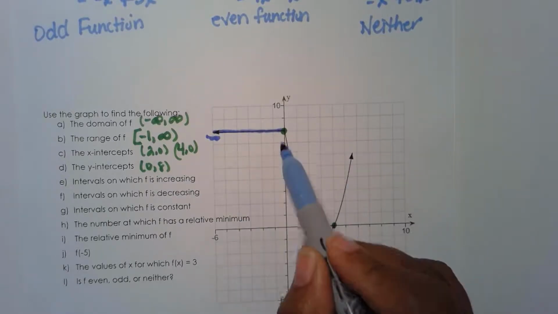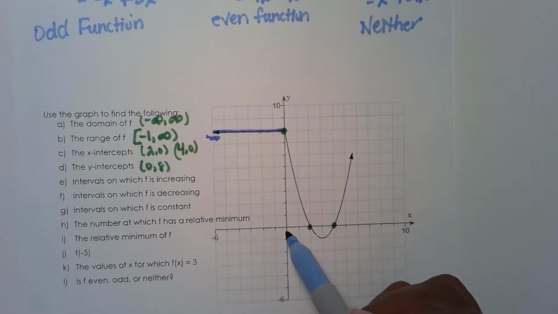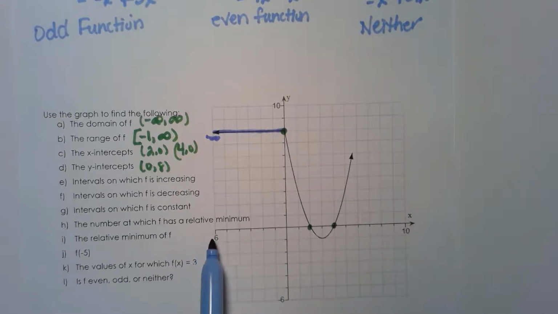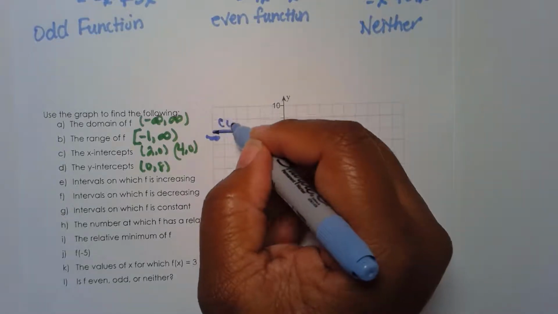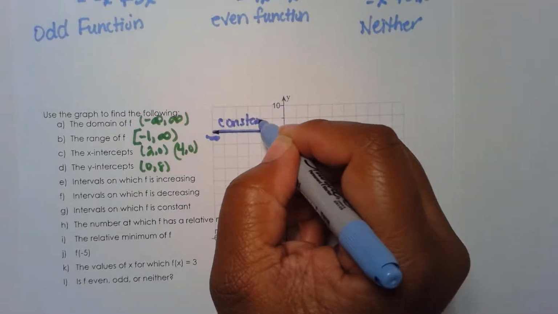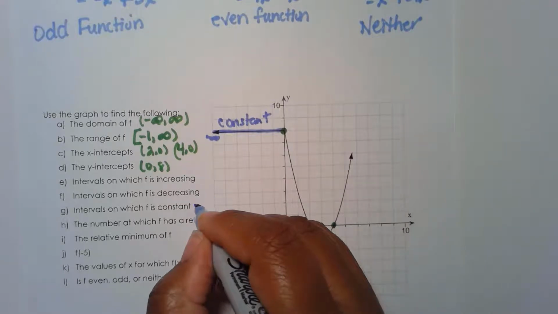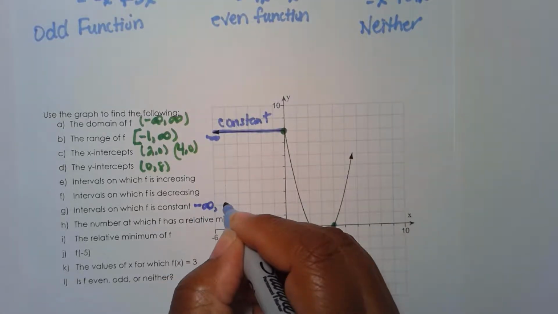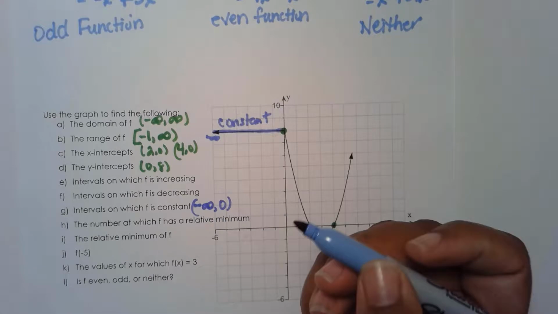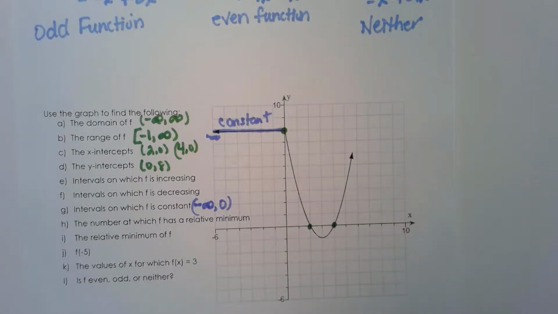And we're looking not on the y-axis but the x. So negative infinity, and we go to here at 0 because there's a change that's getting ready to take place. So it's constant. So we say negative infinity, comma, 0. Then it changes at 0.